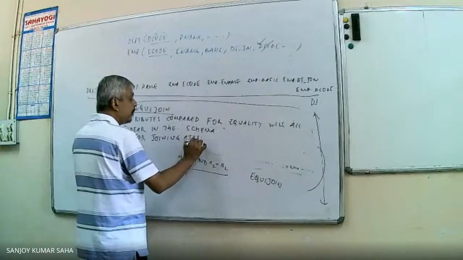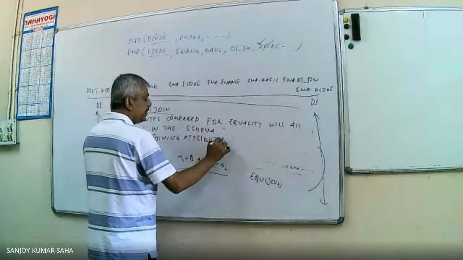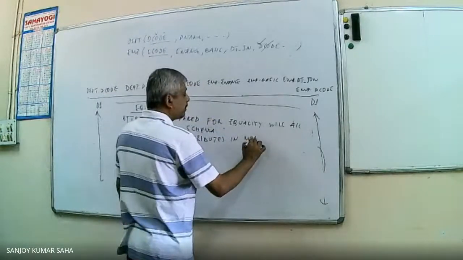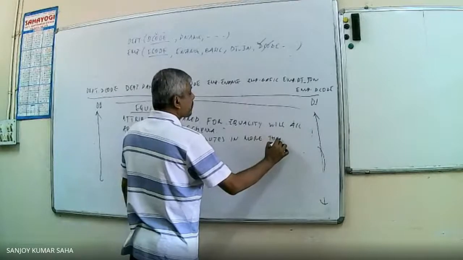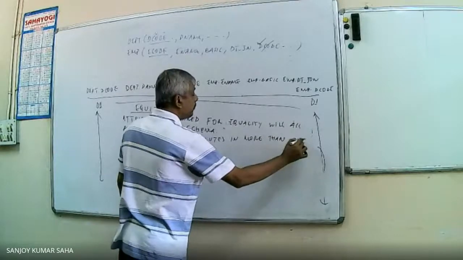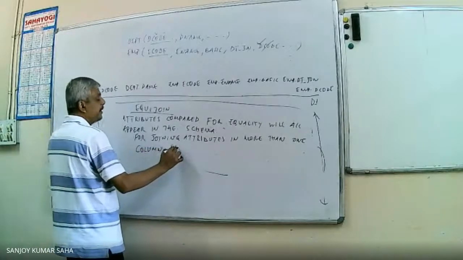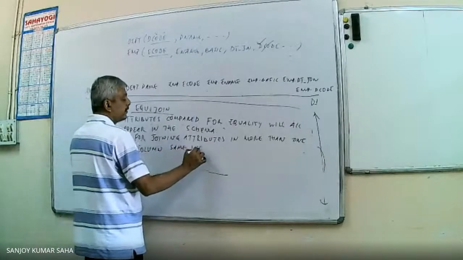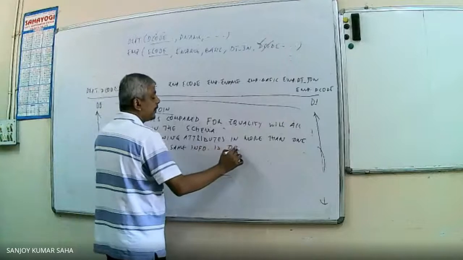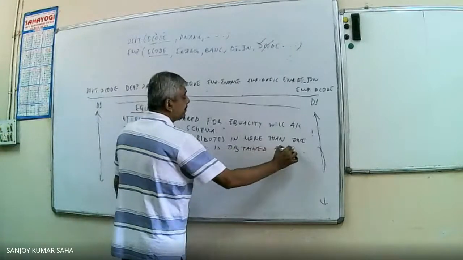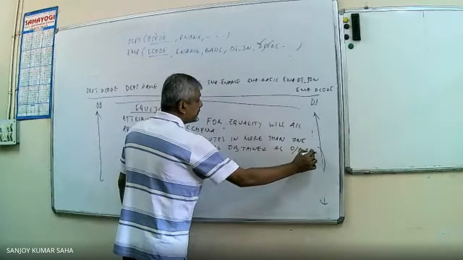So for joining attributes in more than one column, the same information is obtained in the output relation.